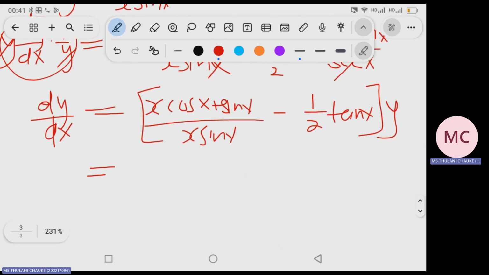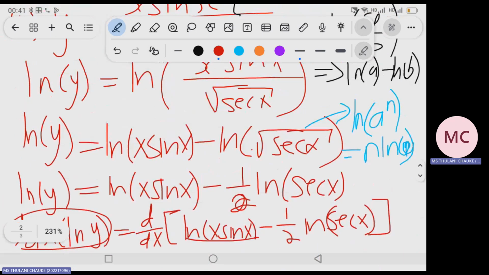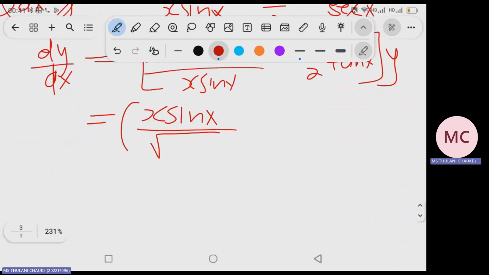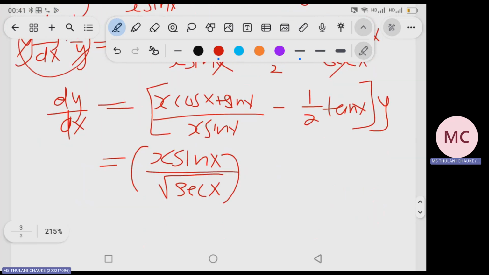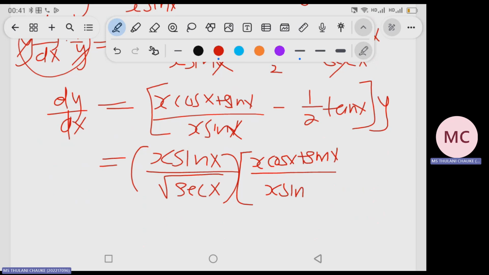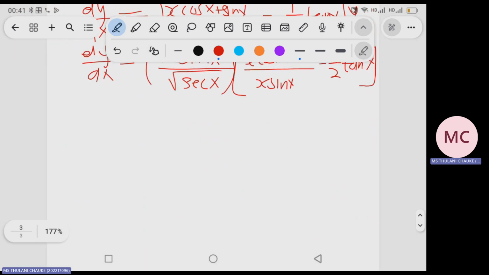So let me just replace it: x sin x over the root of sec x, and then all of this into x cos x plus sin x all over x sin x minus 1 over 2 tan x. Then here I'm having dy over dx. Right. So we have everything there.